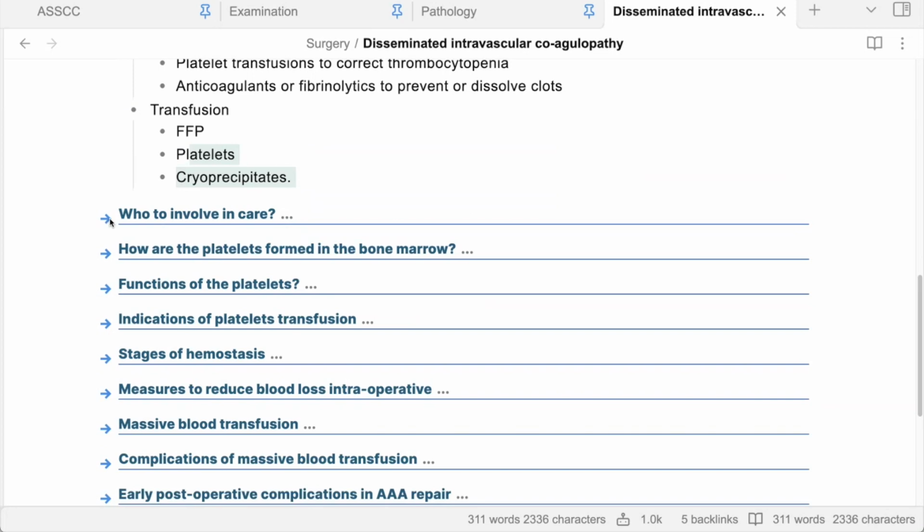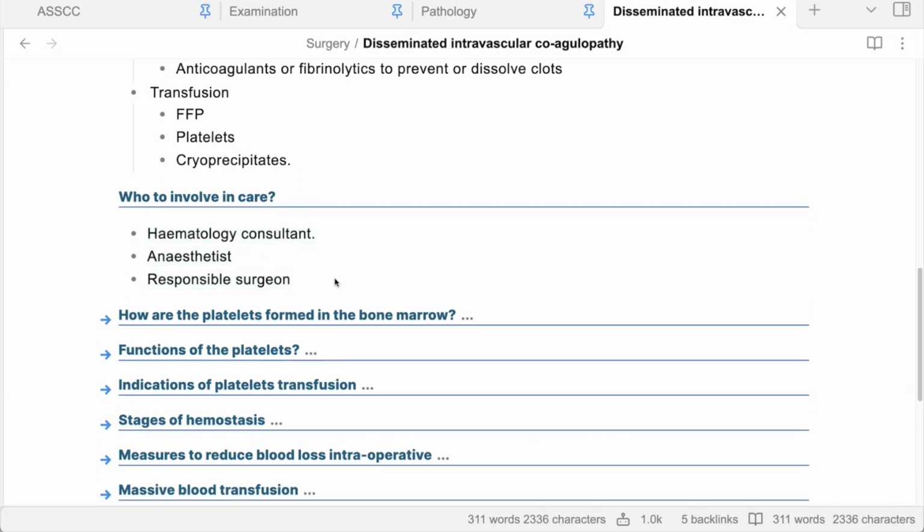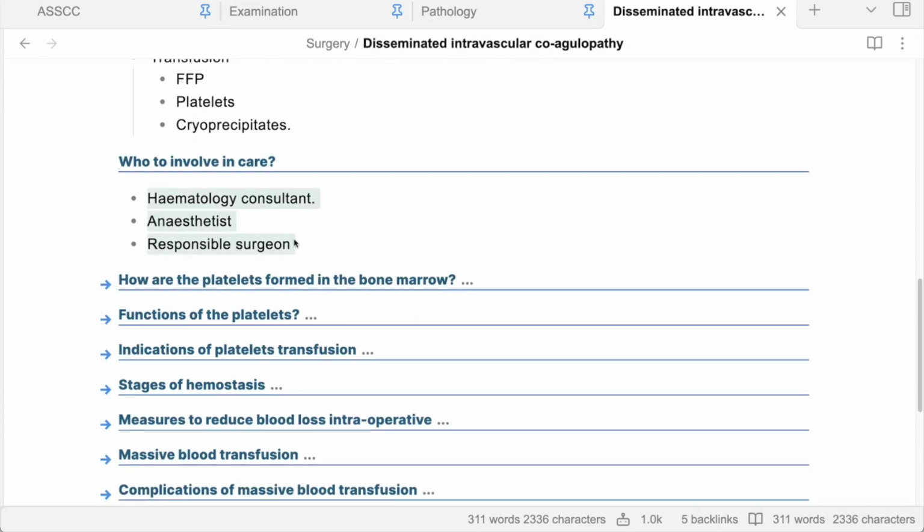I think, basically, when you're being asked this question, you need to answer outside of the scope of the usual care for the patient. Who are we going to involve? I think anesthetist, hematology, and the responsible surgeon will need to be involved. But I wouldn't mention the nurses or the ward team, since those are normally involved in the everyday care for the patient. Apart from the surgeon who is involved in the everyday care, but I would still just mention them.